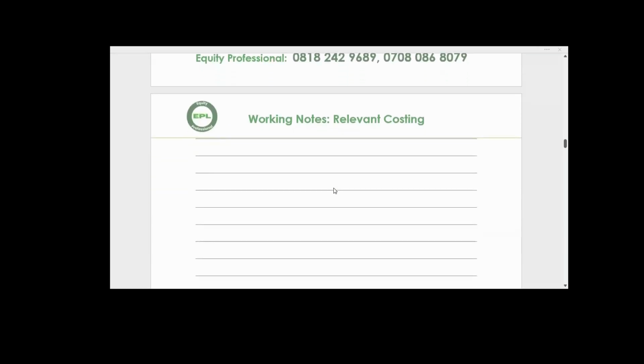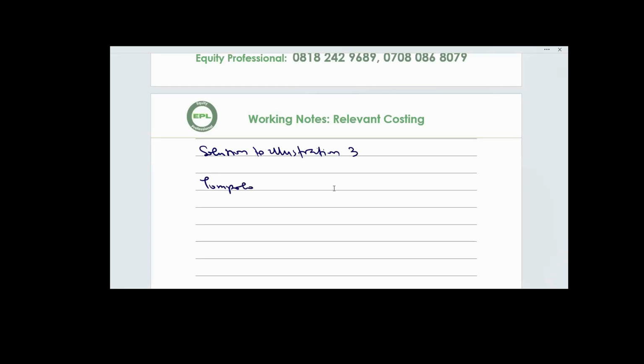Okay, solution to illustration 3. The name of the company is Tompolo.